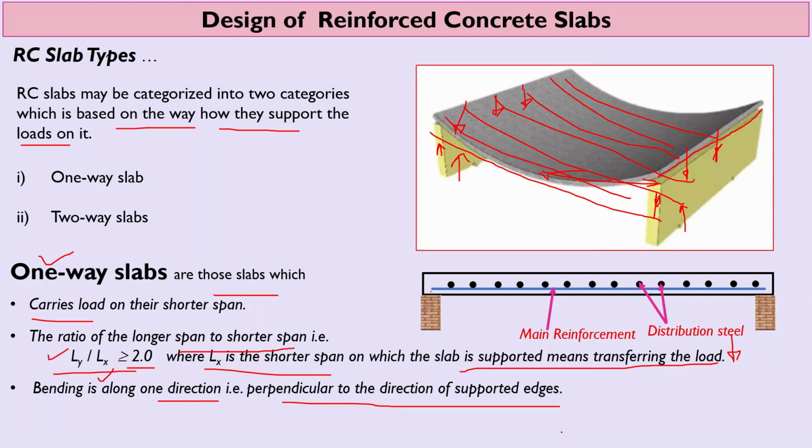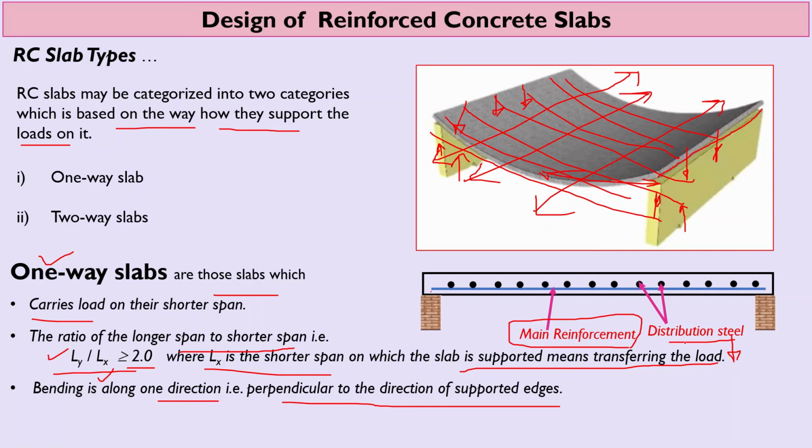But as we have discussed earlier, we have to provide distribution steel also. The distribution steel will be in the perpendicular direction. So this will be the direction in which we provide the distribution steel. One thing you have to take into consideration is that in a one-way slab we design the main reinforcement, but distribution steel is not required to take any bending stresses; it is provided to take temperature stresses.